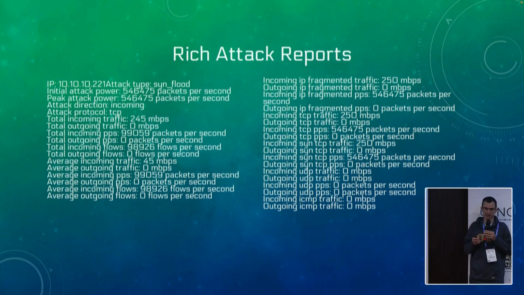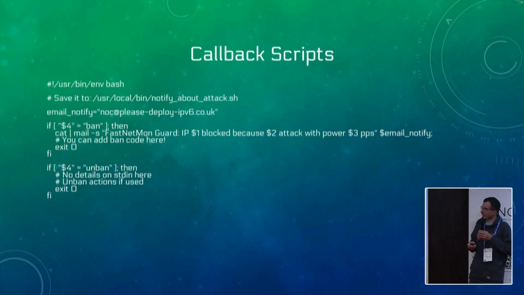And you can see there are lots of numbers, and all this information can be passed to scripts. You can make a decision, for example, if it's UDP, make custom actions, or just send a nice email and notify your client or your network team. And the best part is, you can use a script callback, and instead of using our BGP implementation, you can, for example, make some changes on your routers.